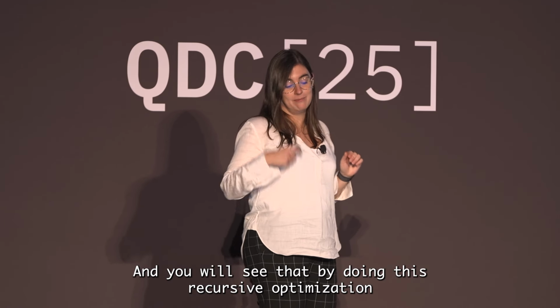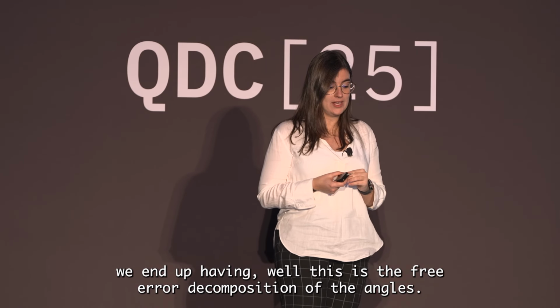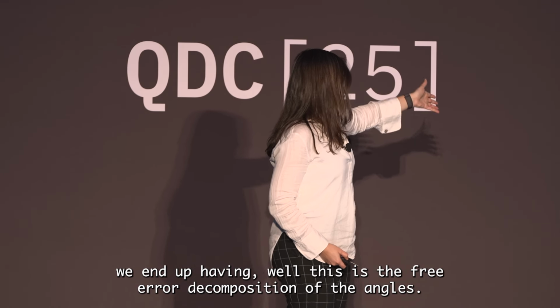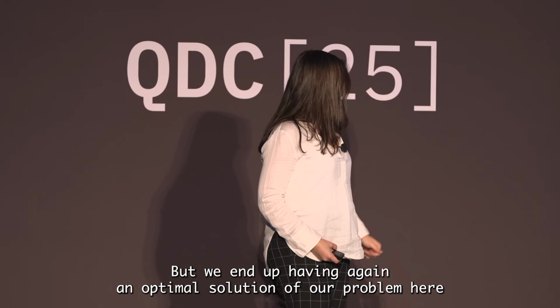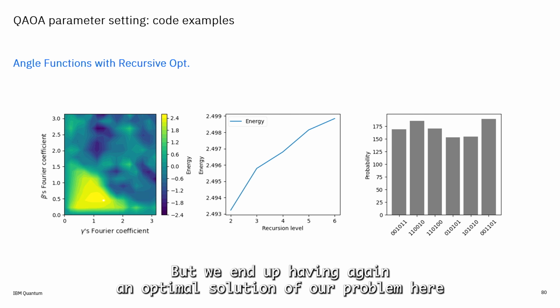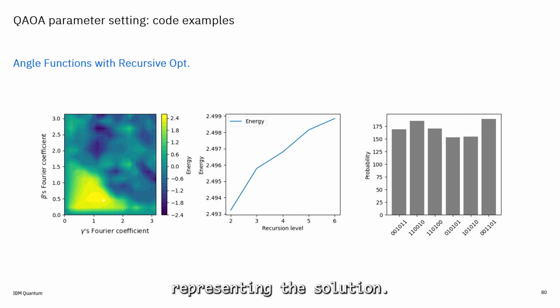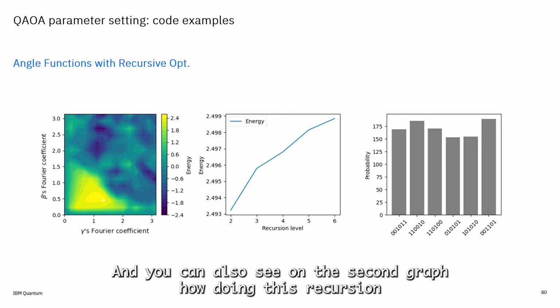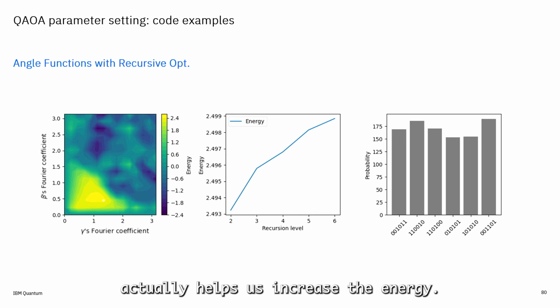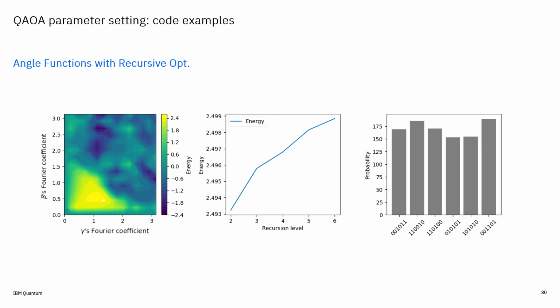And you will see that by doing this recursive optimization, we end up having, well, this is the Fourier decomposition of the angles, but we end up having, again, an optimal solution for our problem. Here, I forgot to put the red cross, but there's a tiny white dot there representing the solution. And you can also see on the second graph how doing this recursion actually helps us increase the energy.